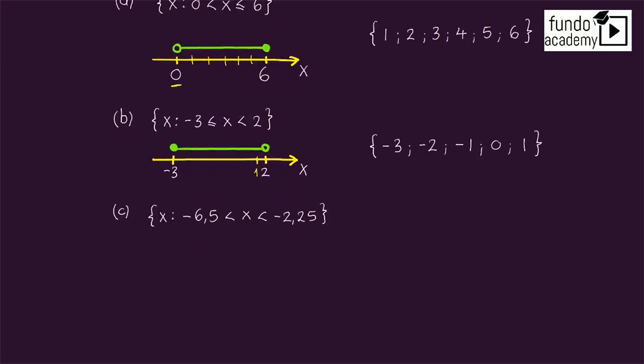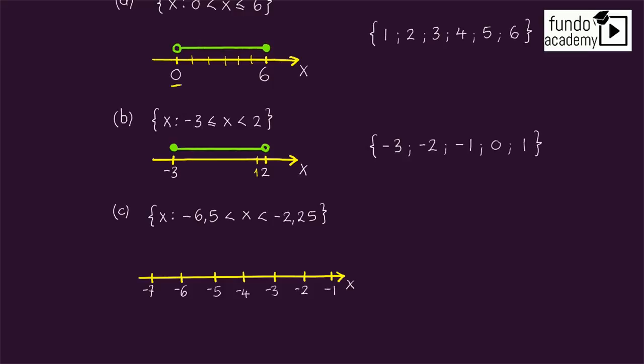So here's the graph right here, starting from the lower value, which is negative 6.5, up to negative 2.25. So I'm just going to draw the graph starting from negative 7. We want to show where our values are.